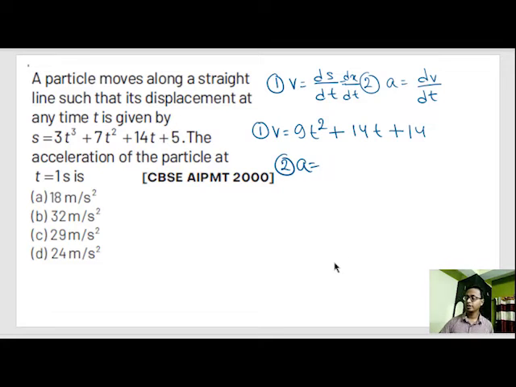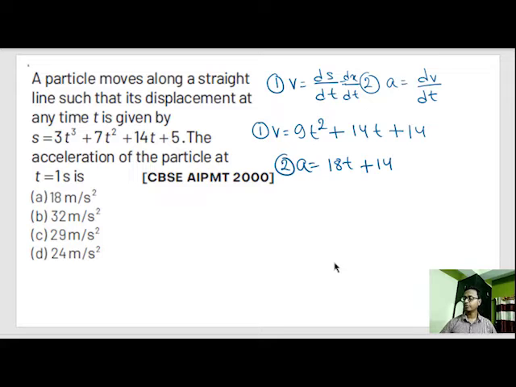So let's do it. The differentiation of 9t square becomes 9 into 2, 18t to the power 1, plus 14. Now they are asking the acceleration of the particle at time t equal to 1 second.